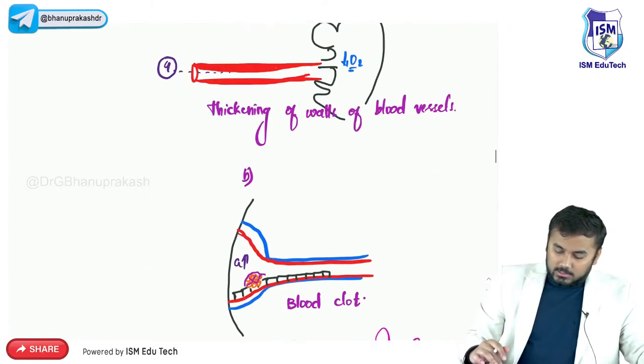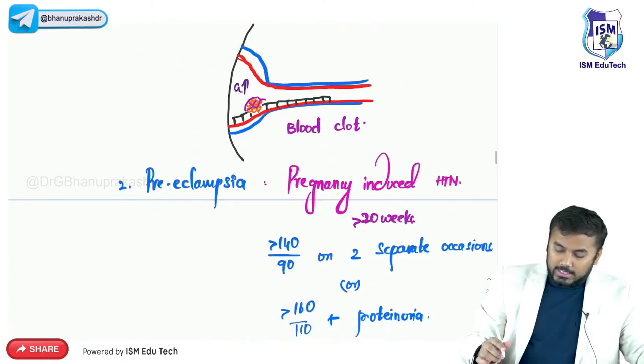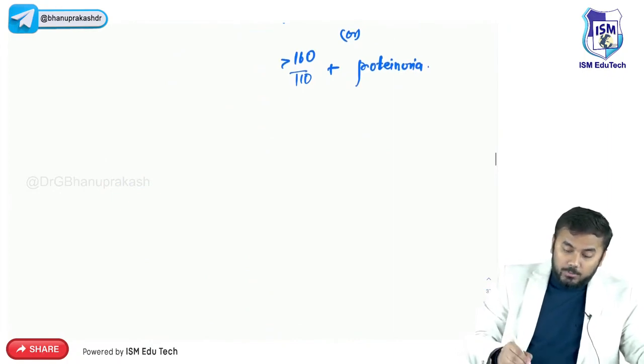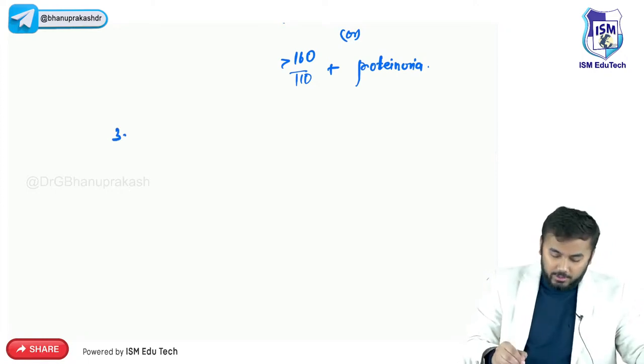Now, after this, one is diabetes mellitus we talked about. Second one is preeclampsia, right? Now coming to the third most important thing, and that is called congestive heart failure.